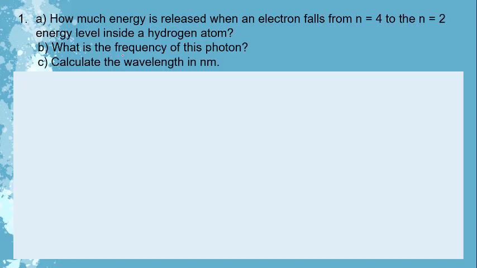Now let's look at the next part of this question. 1b. What is the frequency of this photon? To solve this, we use the value of delta E obtained from the previous question and the formula delta E equal to h nu.